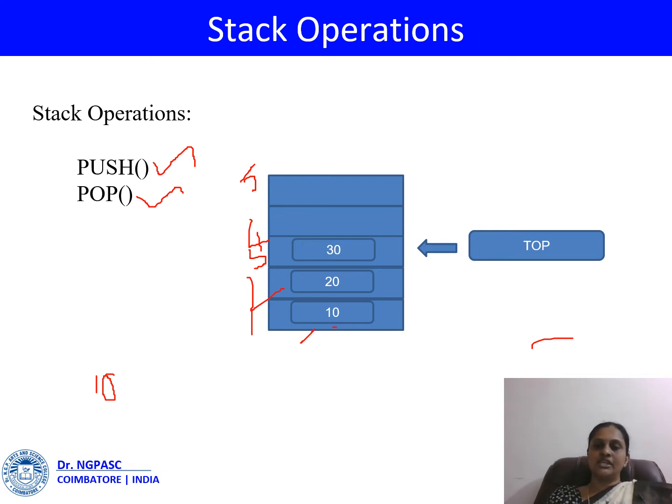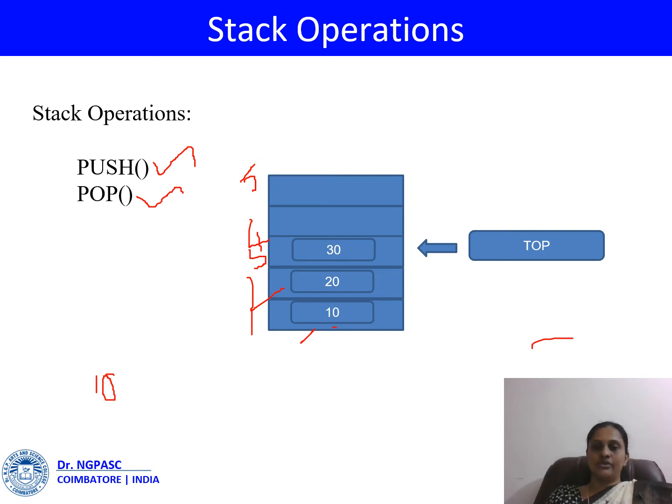Another thing to note is that 30 is the last element which we included in the stack. First we included 10, then 20, then finally 30. So when we are deleting one value from the stack, we delete the value which was inserted last.